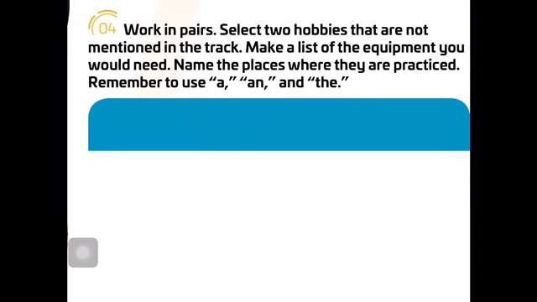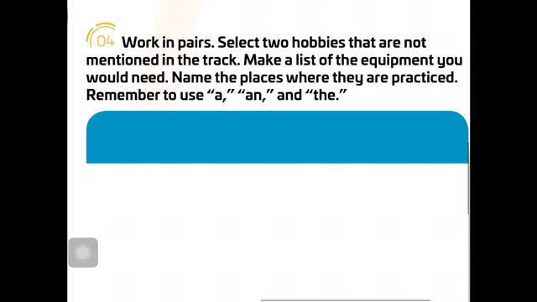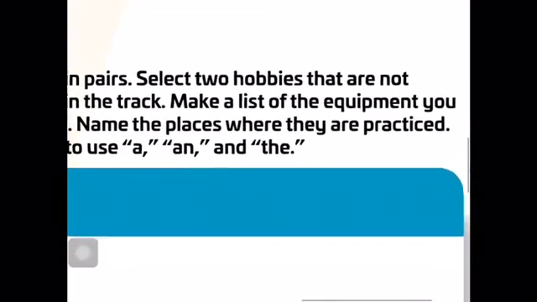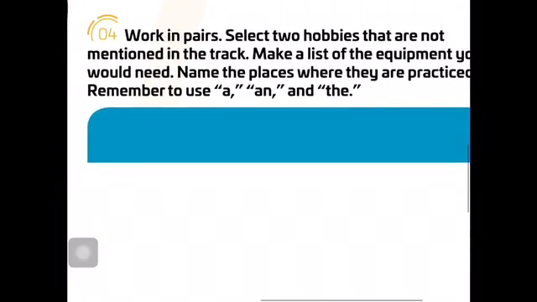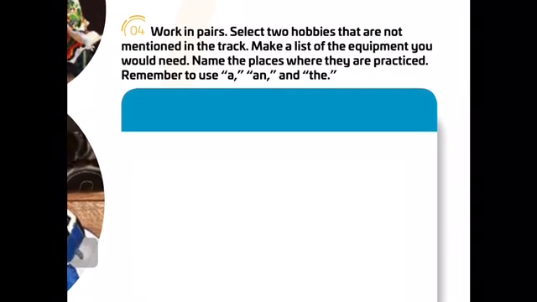For example, let's say playing the guitar. And you say, a guitar is an instrument made of wood with strings. I love playing the guitar. The guitar is a very important instrument because you can sing and play, etc. Another hobby, painting.